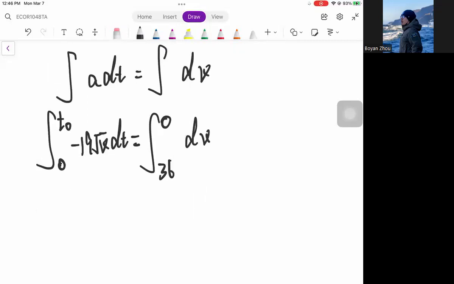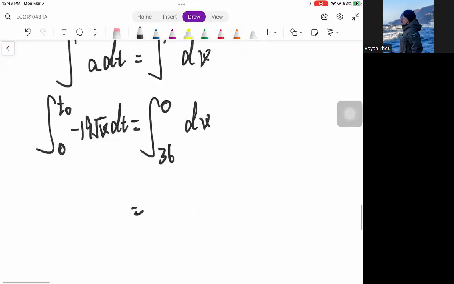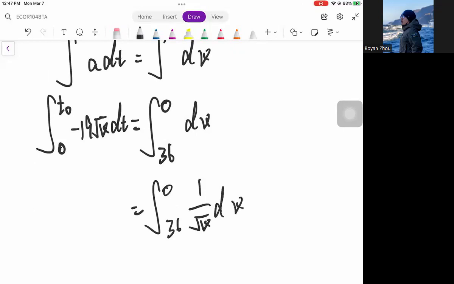Okay, so we set up the equation, and what we need to do is just solve the equation. On the right hand side, we're going to move the square root of v to the right hand side. So that is going to be 1 over the square root of v dv. And on the left hand side is the integral from 0 to t naught of negative 19 dt.